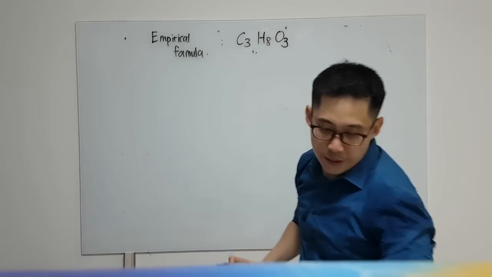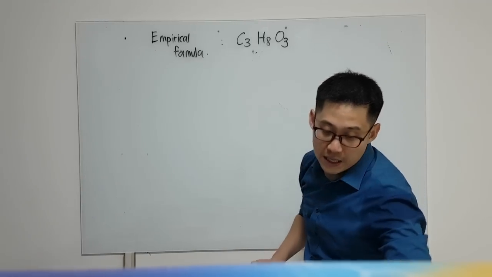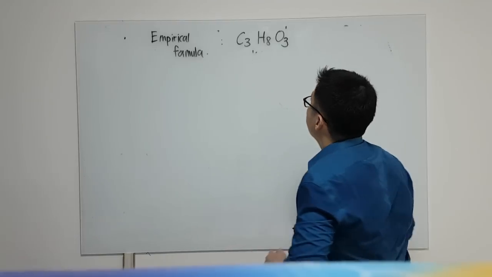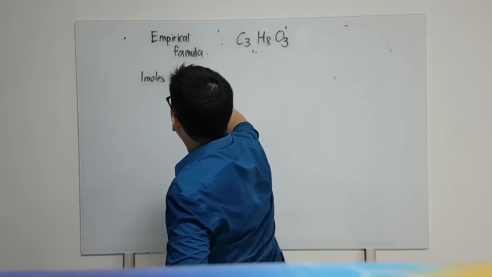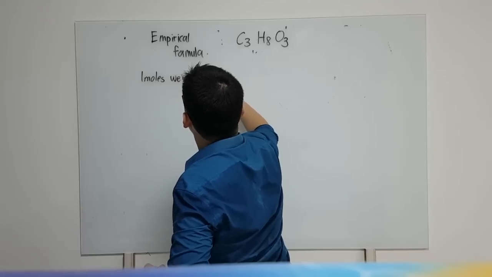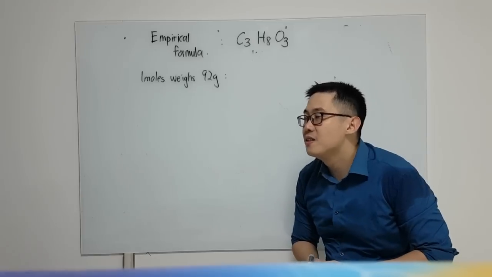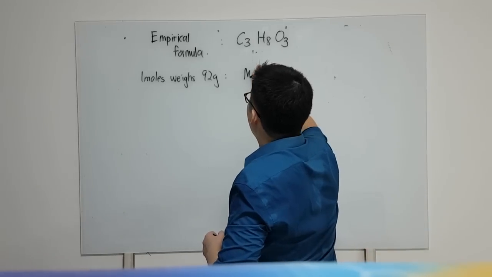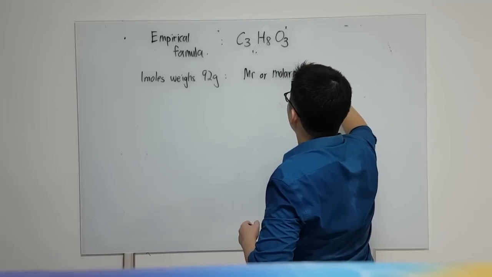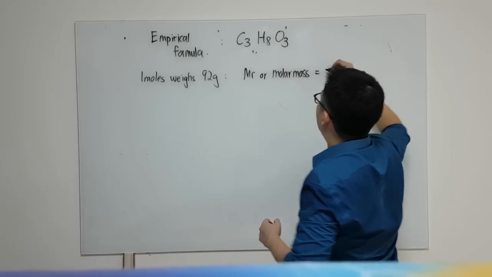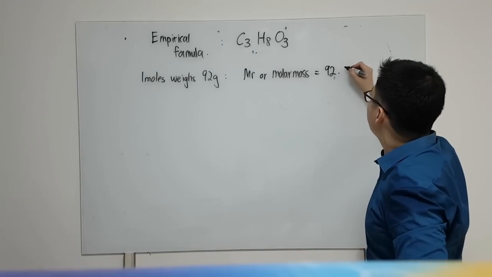The question tells us that 1 mole of glycerol weighs 92 grams. Class, when 1 mole weighs 92 grams, it simply means that the MR, or for that matter, the molar mass of my glycerol, is actually equal to 92.0.